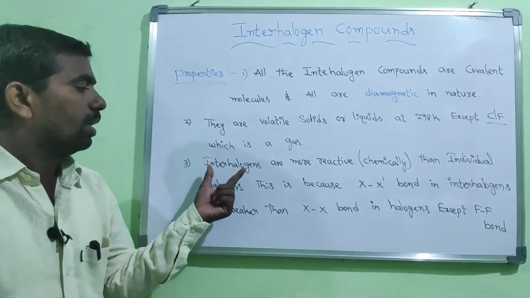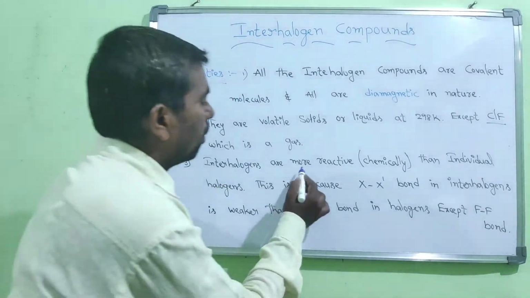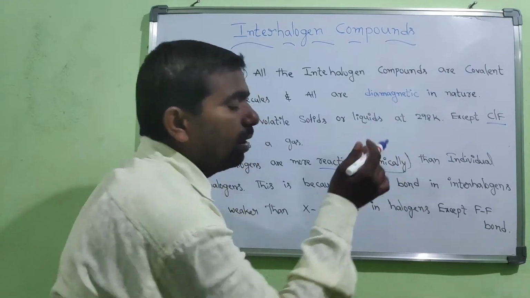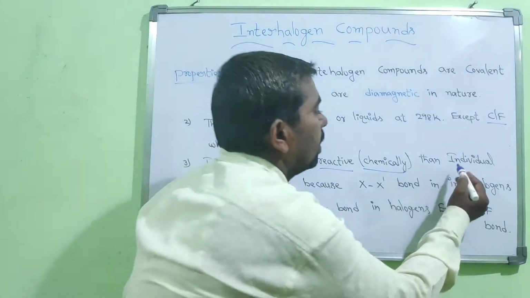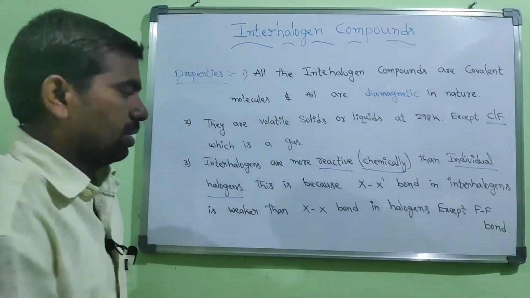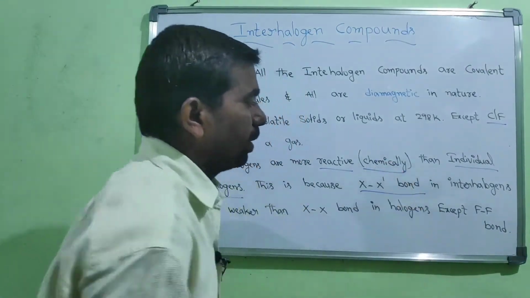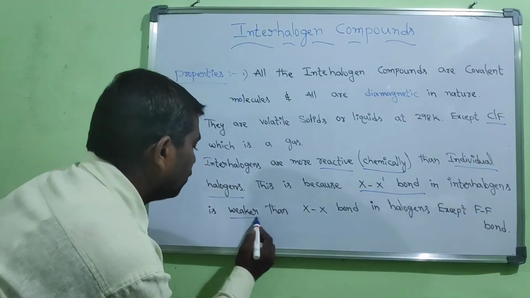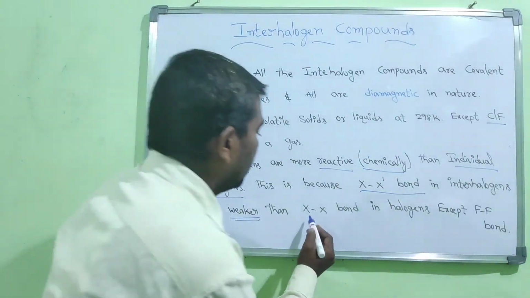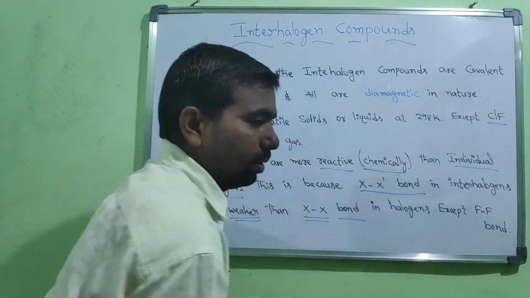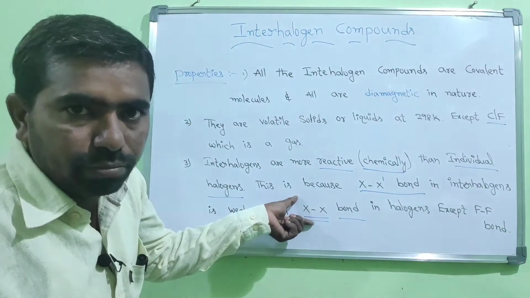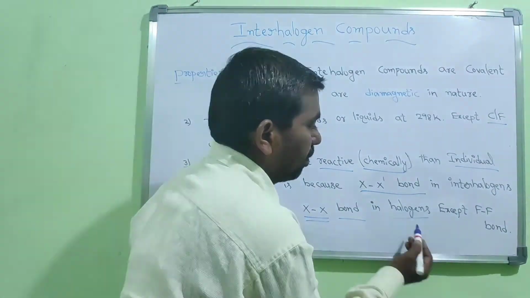Next property: interhalogens are more reactive chemically than individual halogens. This is because the X–X' bond in interhalogens is weaker than the X–X bond in individual halogens.